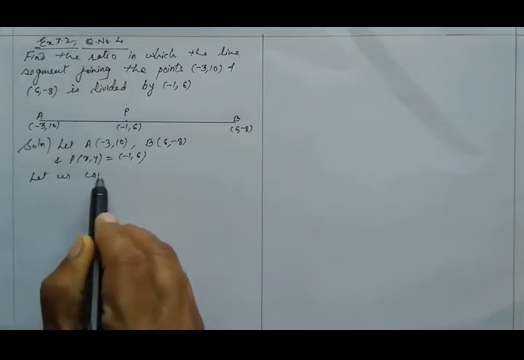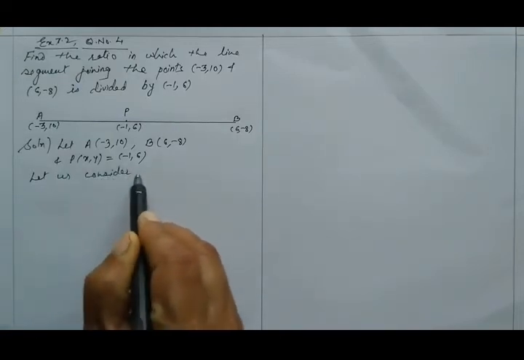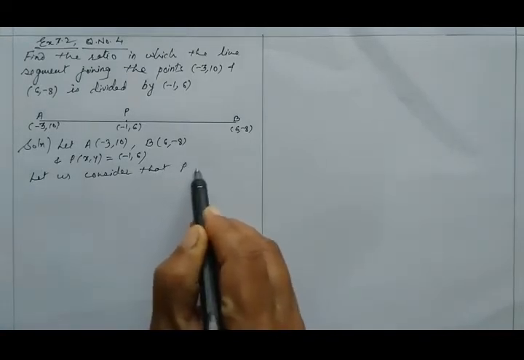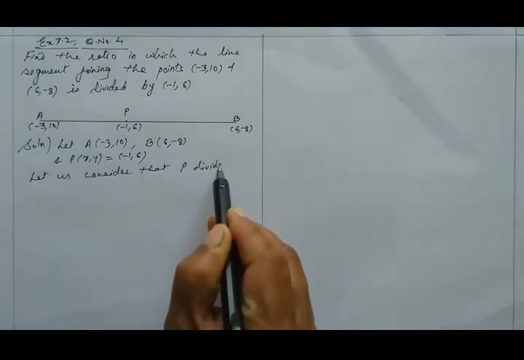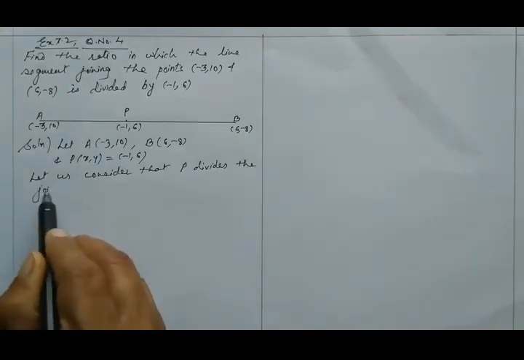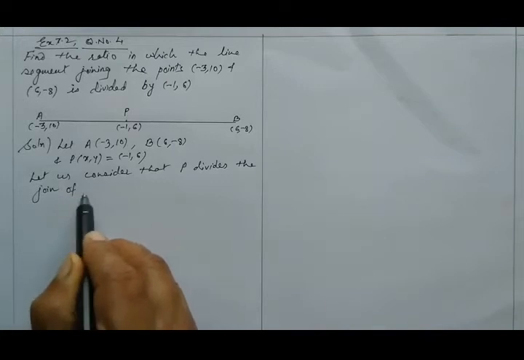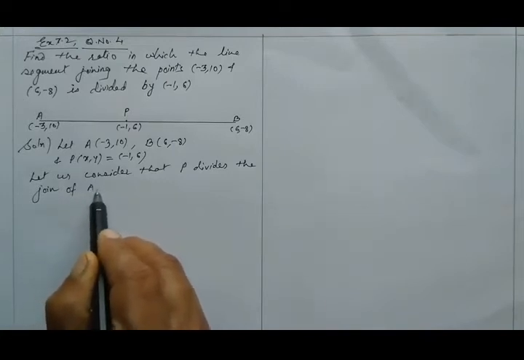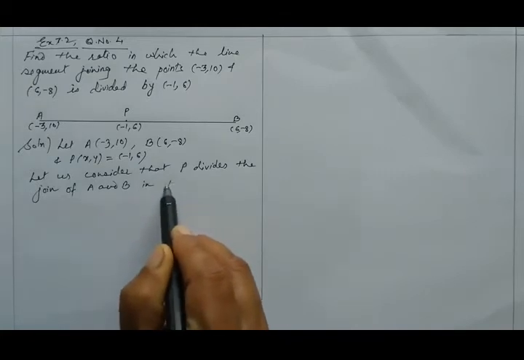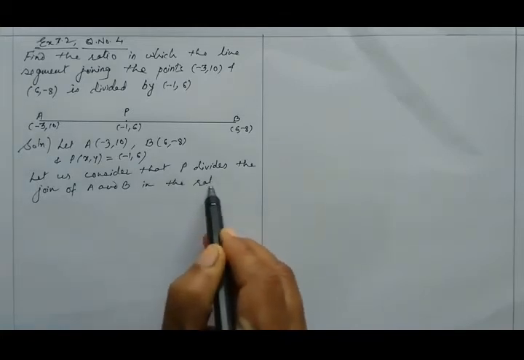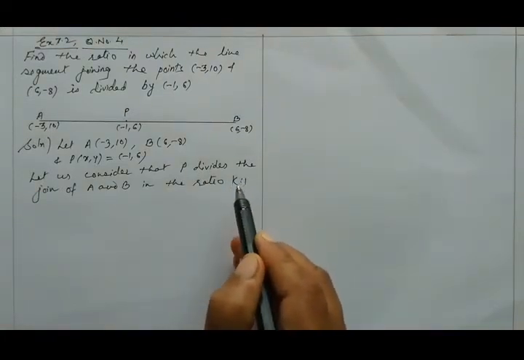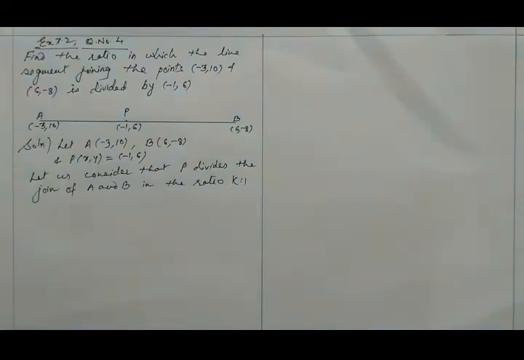Let us consider that P divides the join of A and B in the ratio k is to 1.